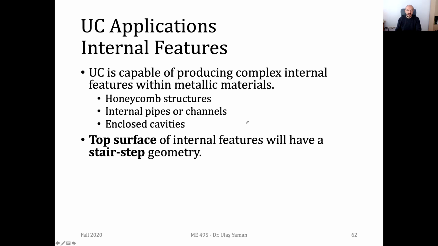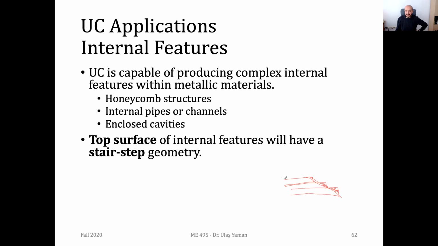Let me try to illustrate it. Assume that you have a kind of interface. As we discussed, you can easily machine with the help of a specific tool. You can remove these regions, right? Once you have the proper tool.